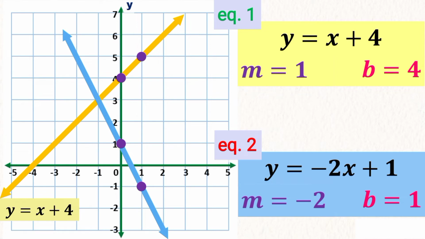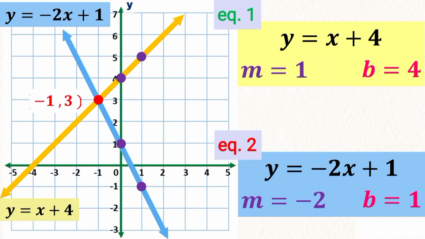As you can see, the 2 lines intersect one another, and there is a point of intersection. The point of intersection has coordinates of negative 1, positive 3. That would be the solution.